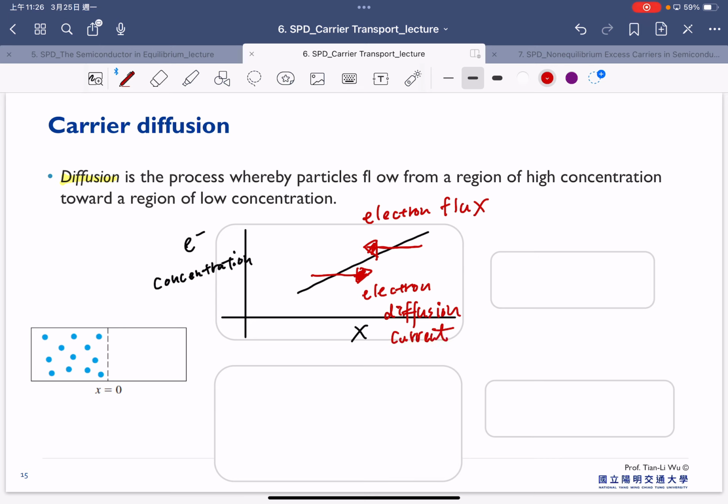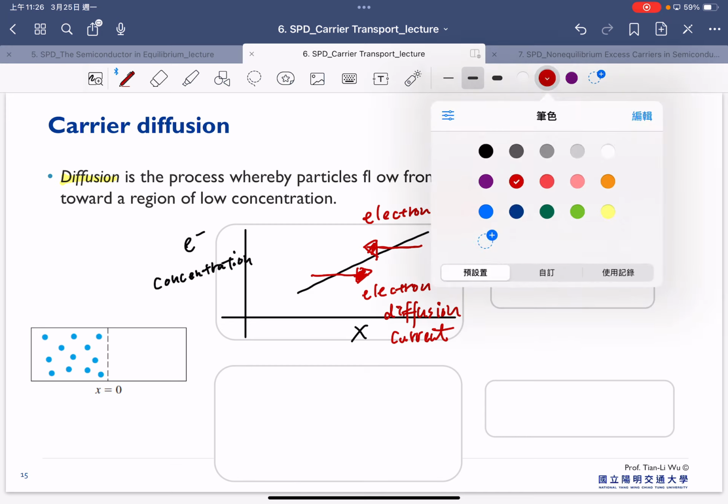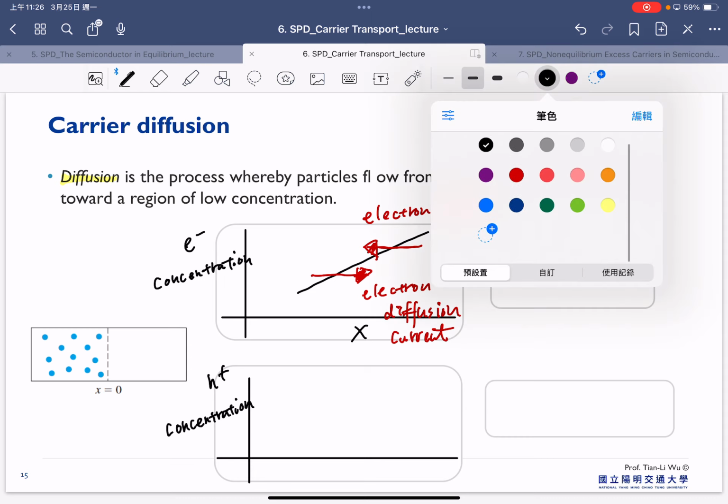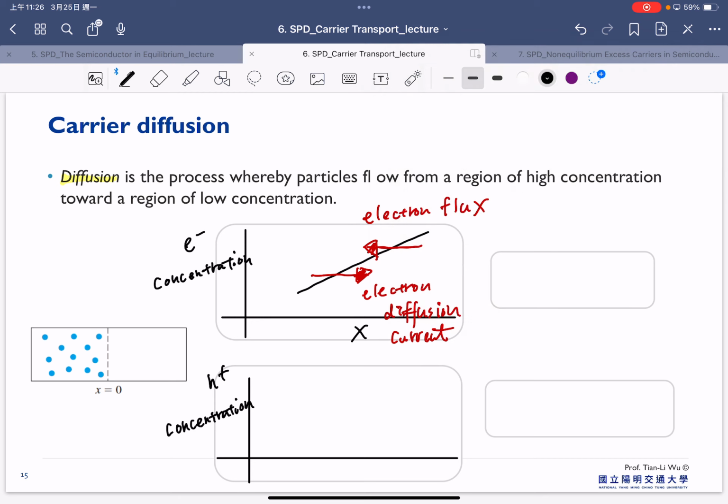Similarly, if you look at the case for the hole, we have the hole concentration, and again we assume our hole concentration profile is like here. So this is the region with high hole concentration and this region has low hole concentration.